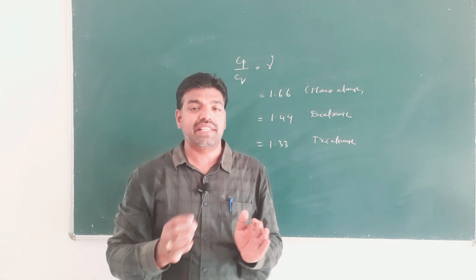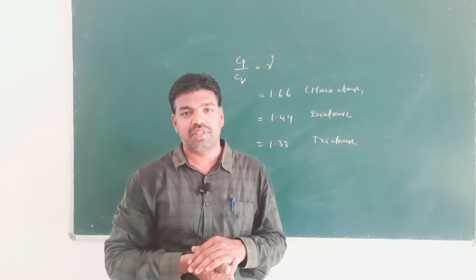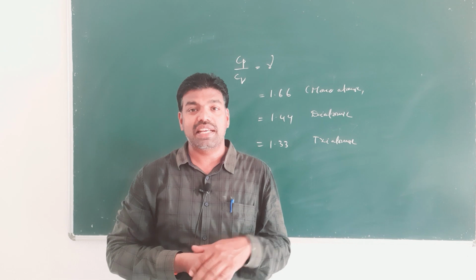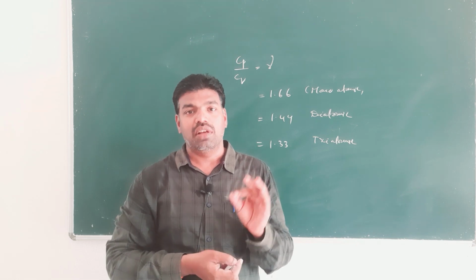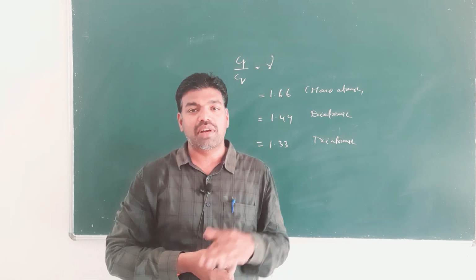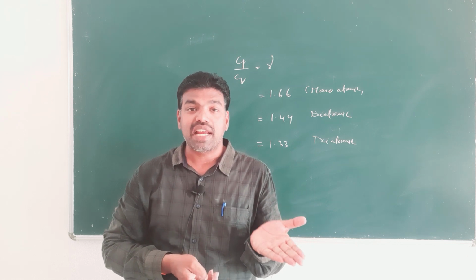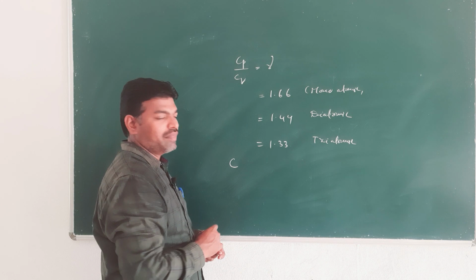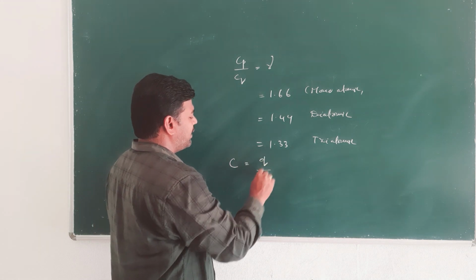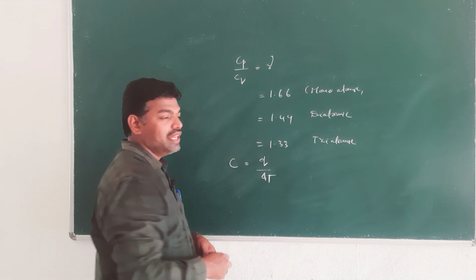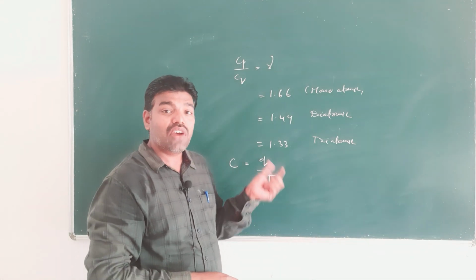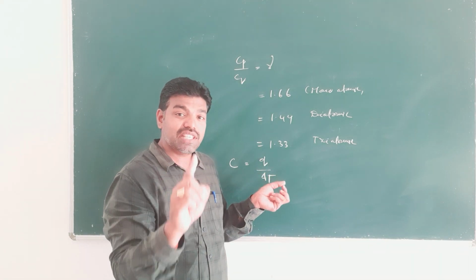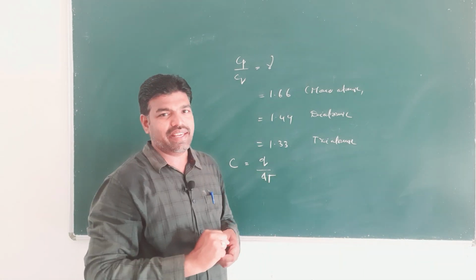But in practice, when we are doing problems, we are always using the terminology molar heat capacity and specific heat capacity. Already we know that heat capacity C is equal to Q by delta T. Heat capacity is defined as the amount of heat required to raise the temperature of the system through 1 degree centigrade.